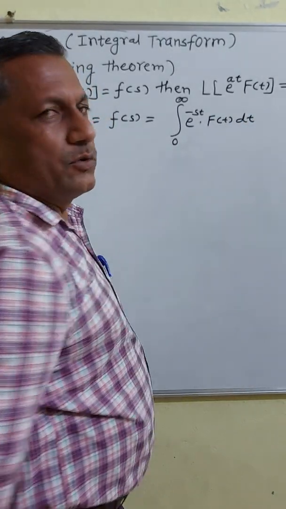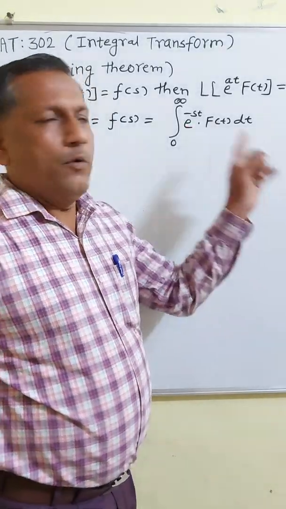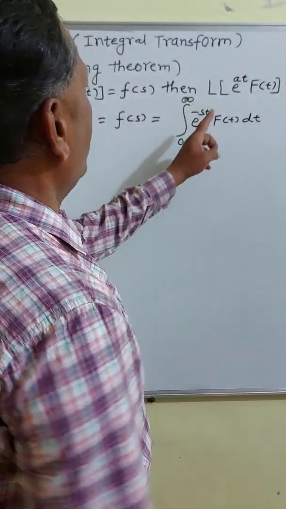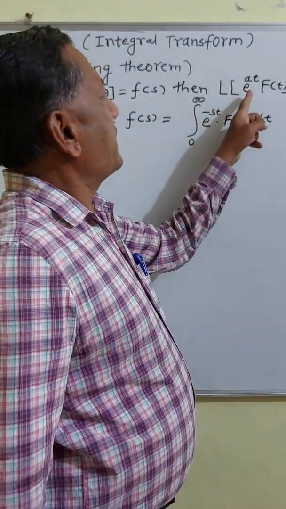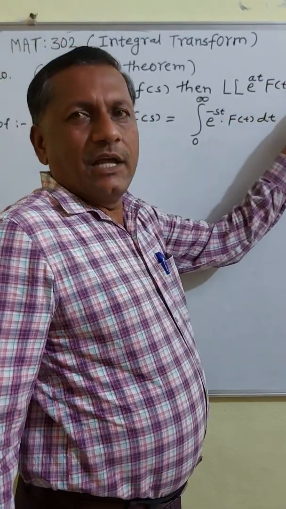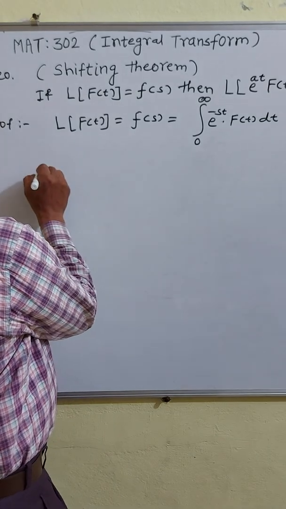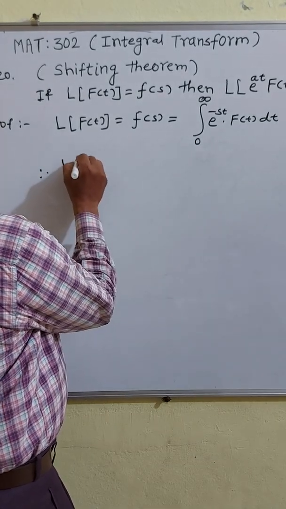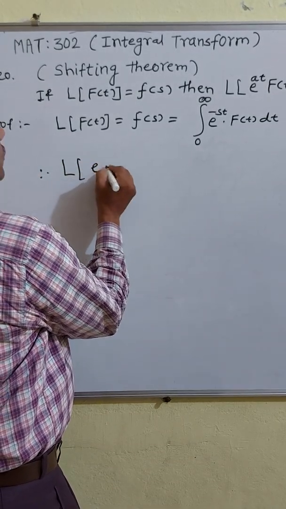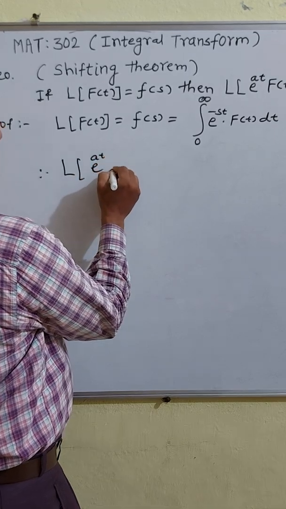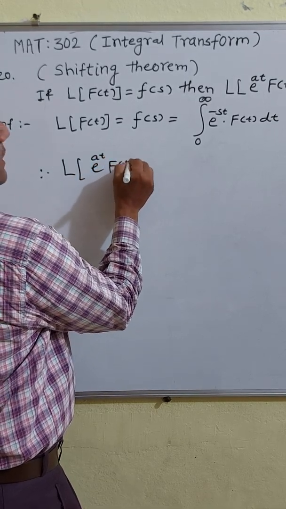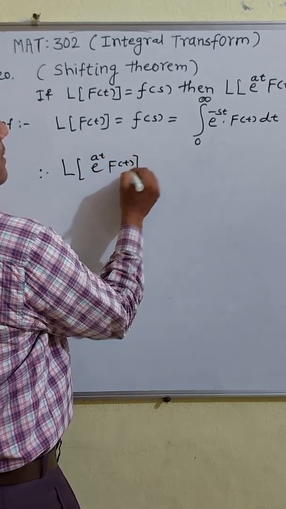Integration is with respect to t because here t is the variable. And you have to prove Laplace transform of e raised to at into f of t is equal to F of s minus a.